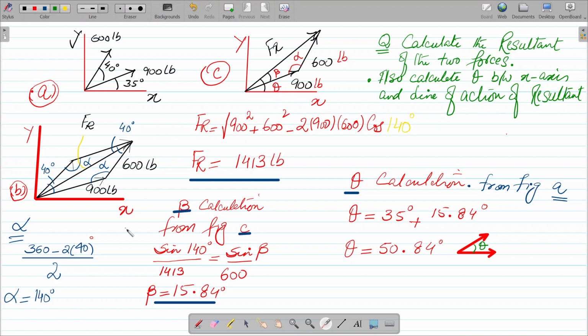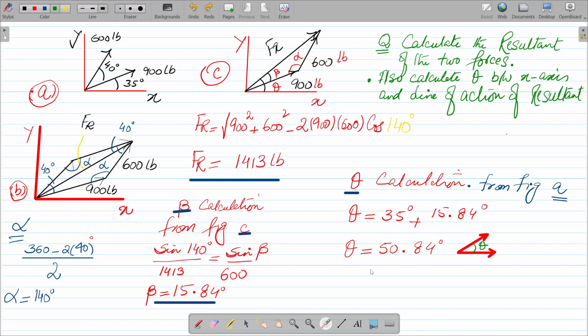If you look at it, this angle is 35 degrees. So for the calculation of theta, we will add this 35 degrees and this beta: 35 degrees plus 15.84 degrees. So we get our theta as 50.84 degrees.